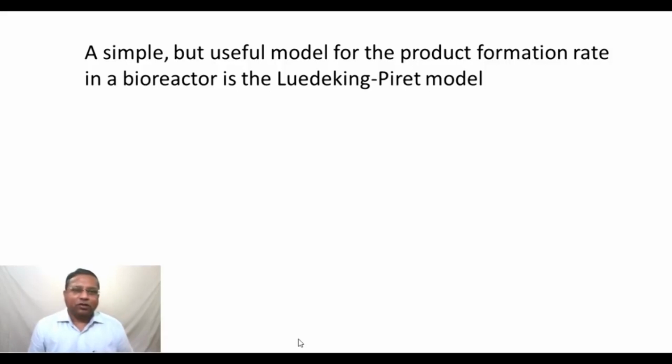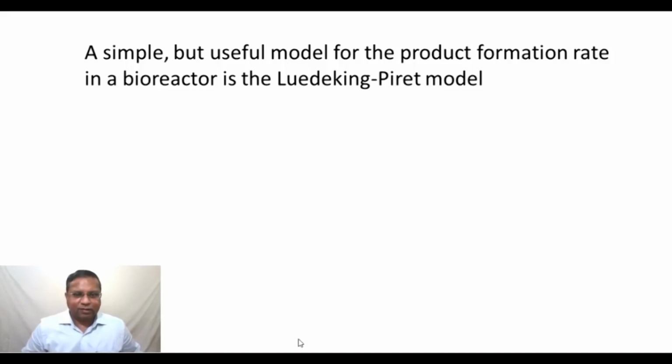Okay. So far, we looked at models that describe growth, a specific growth rate and so on. Now, let us look at the product, if it happens to be another molecule apart from the cells, a molecule made by the cells. A very simple, widely used model is called the Luedeking-Piret model for the product formation rate.